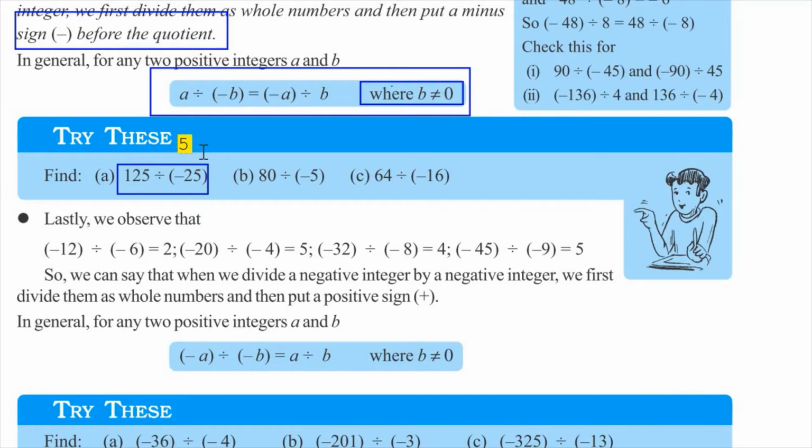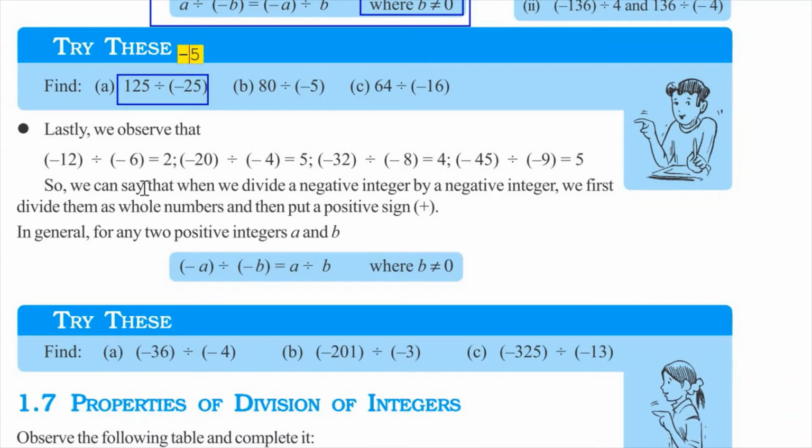Okay? So 125 divided by 25 is going to give us 5, and then because 25 is negative and 125 is positive, we need to add the negative sign. The answer to A is minus 5. Similarly, you can carry out these two problems.